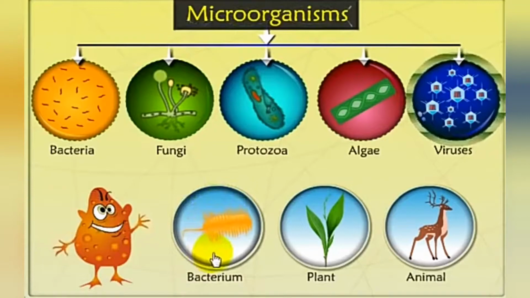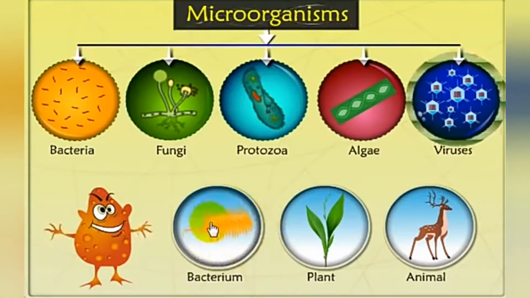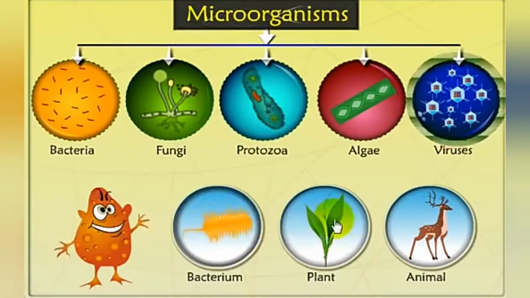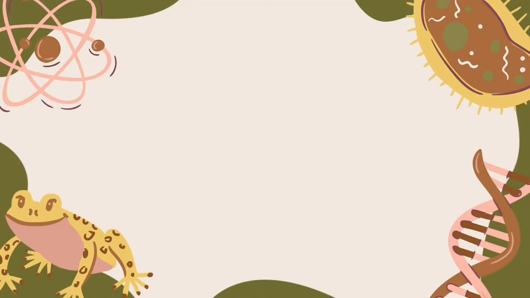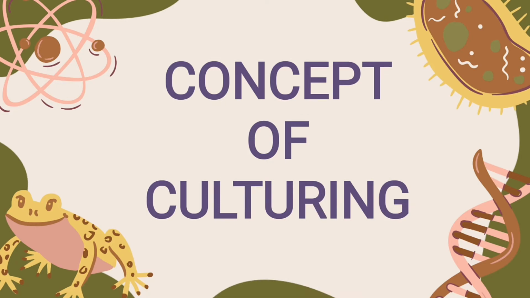Electron microscope. Viruses can be found everywhere, both in plants and animals. And when they are found in the body of living things, they are regarded as what? Living things.